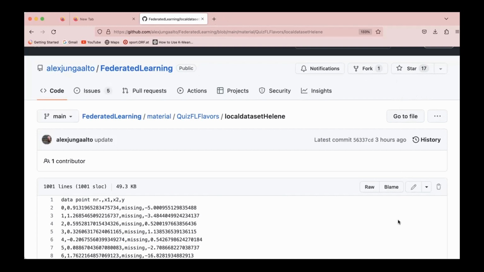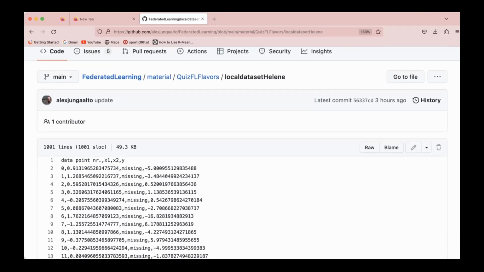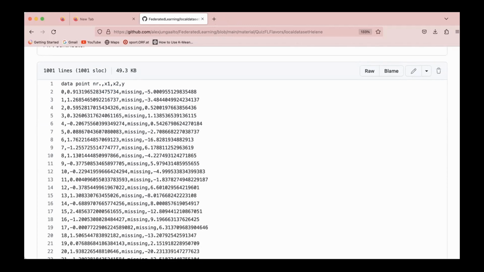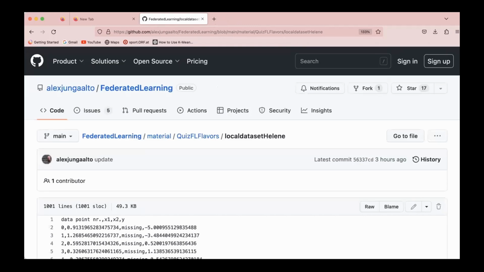So why do you consider the local data set quite small? We have data points characterized by 2 features and around 1,000 data points. A rule of thumb is that the number of data points in your training set must be 2 times larger than the dimension of the model.